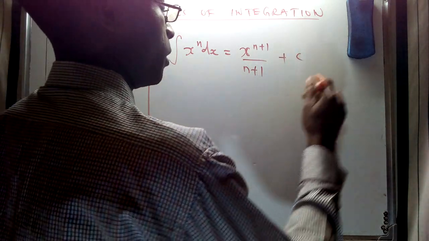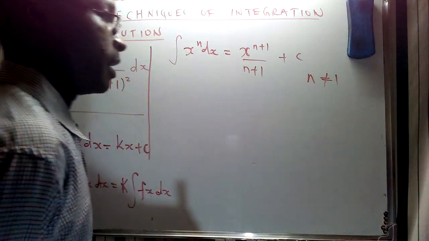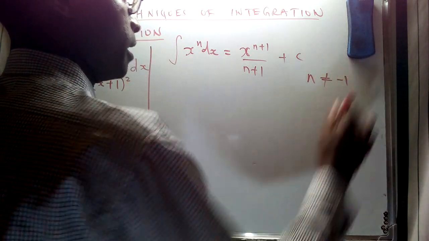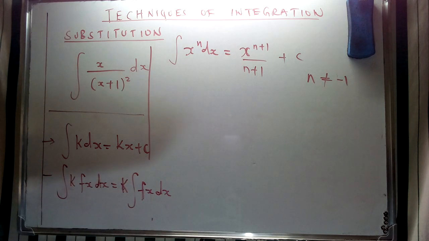In this particular case, for us to find the integral, we have the condition that n is not equal to -1.